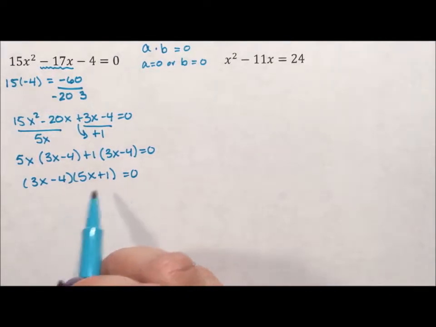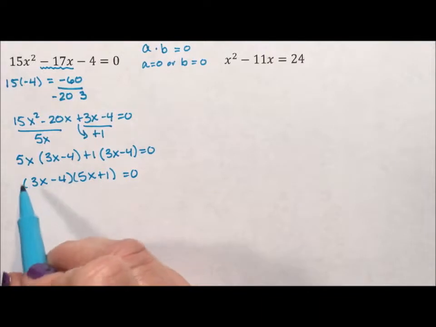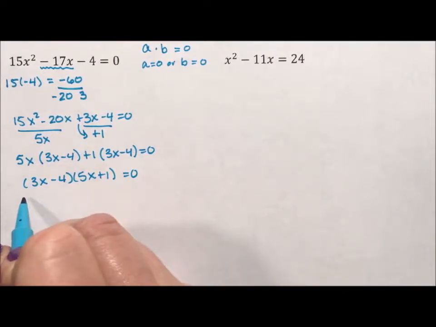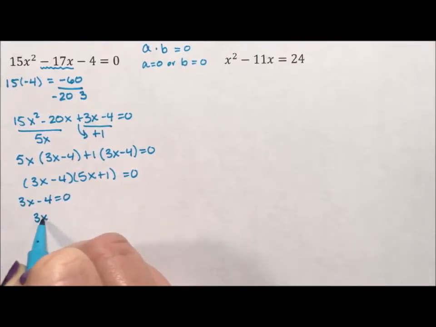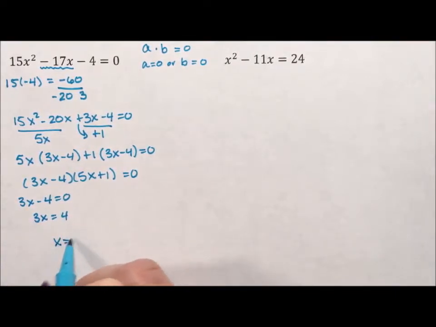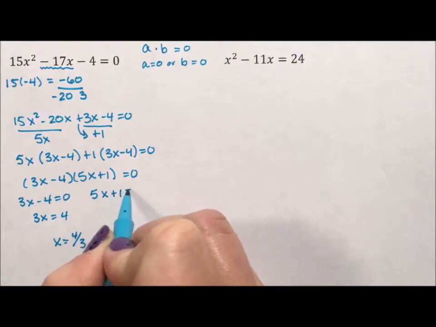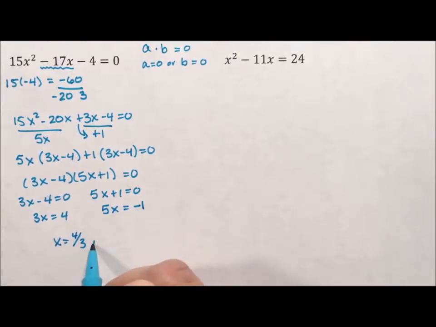So now that I have this down to the product of two numbers, each set of parentheses represents a single number, I can then say that either 3x minus 4 equals 0, which happens when 3x is 4, or x is 4/3, or 5x plus 1 equals 0, which happens when 5x equals negative 1, or x equals negative 1/5.